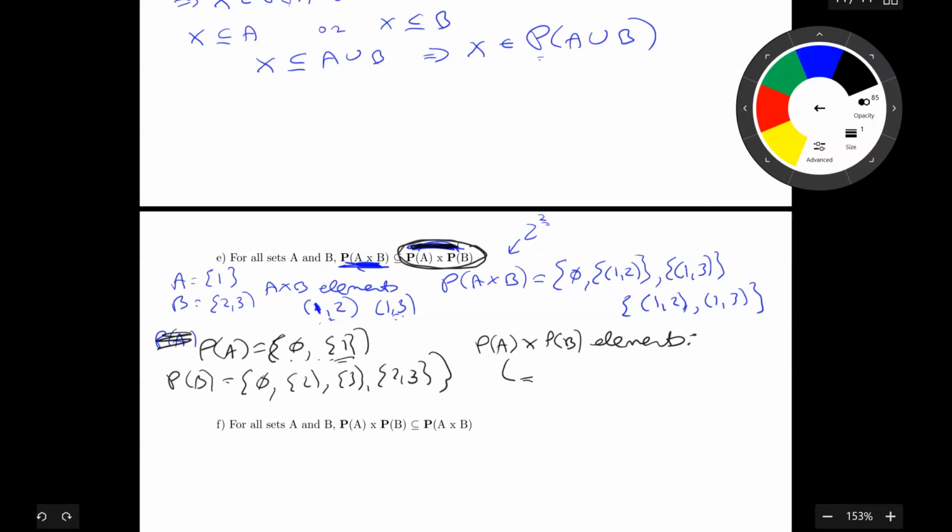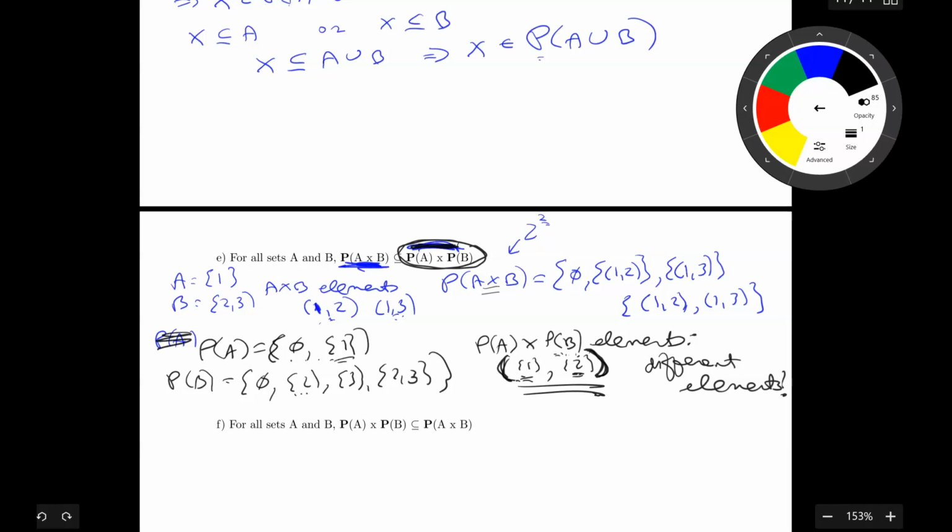So I'm just going to pick this, so it's got the set 1 as the X. And I've got to pick something from the power set of B for the Y. So I'm going to pick this. So that's a parenthesis, right? So that's my ordered pair that has sets in it, whereas this has ordered pairs within the sets. So different elements. Remember we used the word different animals in linear algebra. So they're totally different elements.